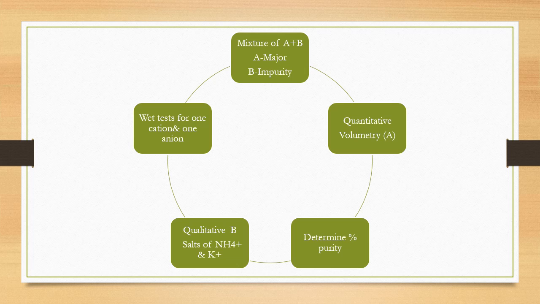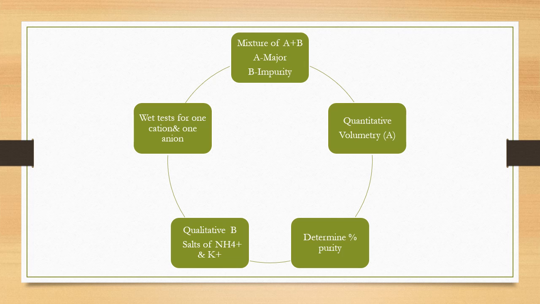This is the flow sheet diagram, that is initially a mixture of A plus B, major and impurity salt. Then the first step is quantitative. By volumetric titration you will determine percentage purity. Then you will follow it by qualitative analysis, wet test analysis, determination of impurity salts, cations, ammonium or potassium.